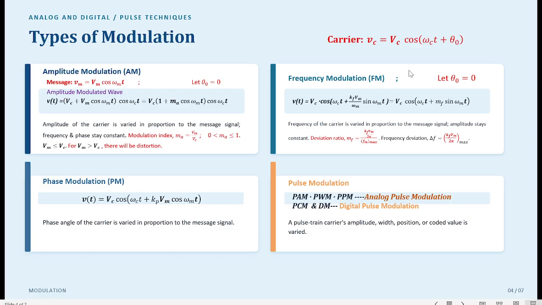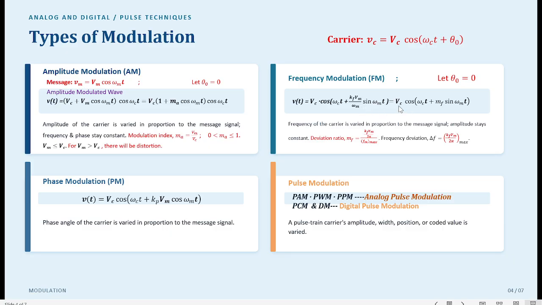Another important type of modulation is frequency modulation. In this case the resultant frequency modulated wave is governed by this equation. Here you can see that the carrier amplitude is kept constant, it is not varying; rather the frequency of the carrier wave is varied in accordance with the instantaneous value of the modulating signal.